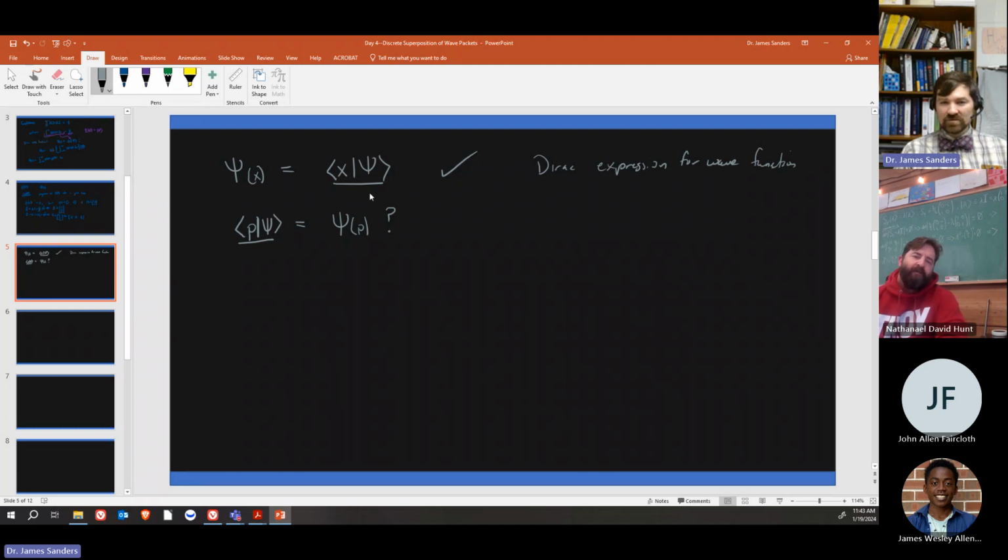We've done the same operation, but we just get different arguments. And the answer is no, they're not. They actually are kind of different mathematical functions entirely. So x psi and p psi are mathematically different functions.